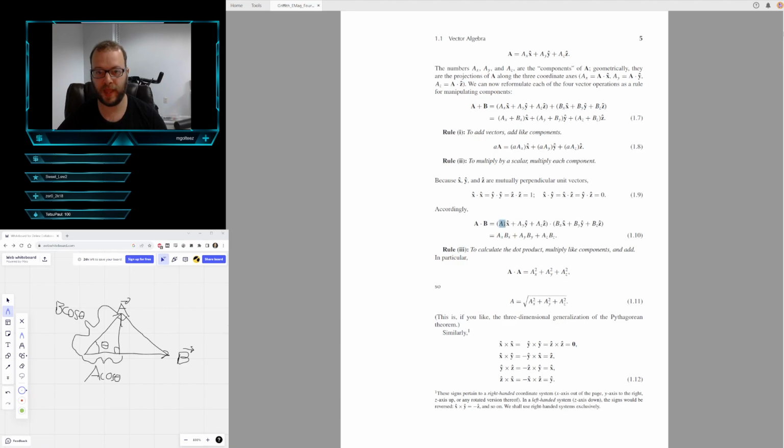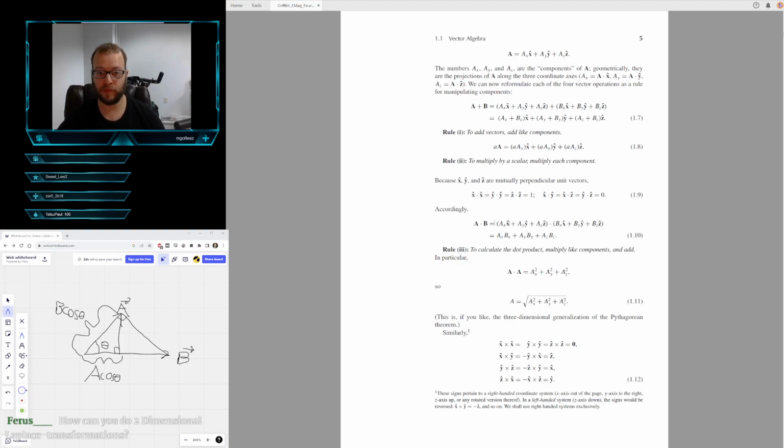Remember this is distributive, so you'll do ax x hat dot bx x hat, which x hat dot x hat is 1. So you have ax times bx.